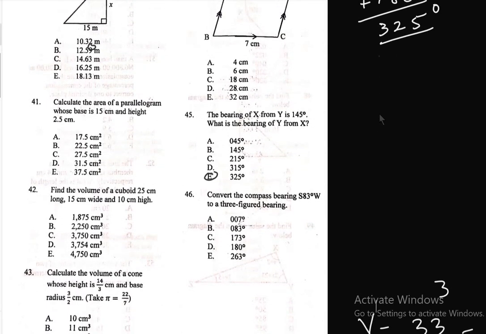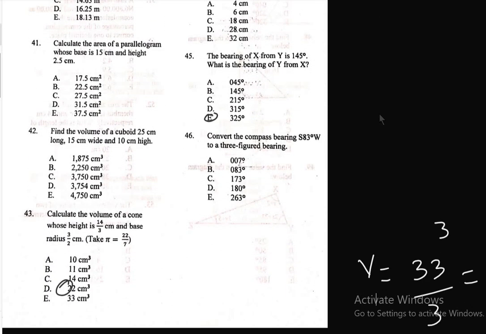This question says, convert the compass bearing south 83 degrees west to a 3-figure bearing. Now, of course, we know the way bearing exists. We have the north, our coordinates.